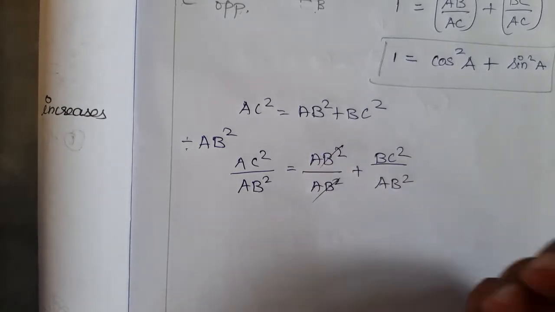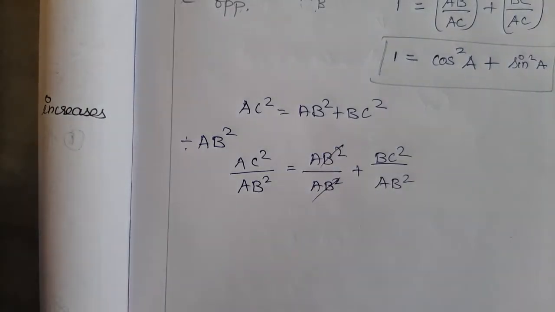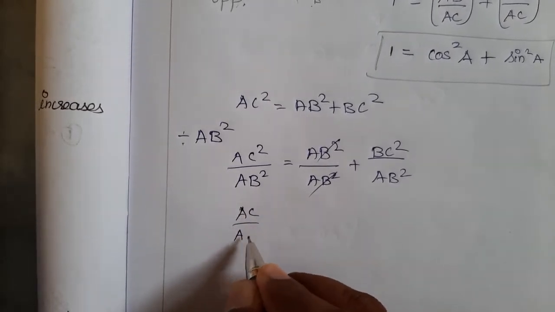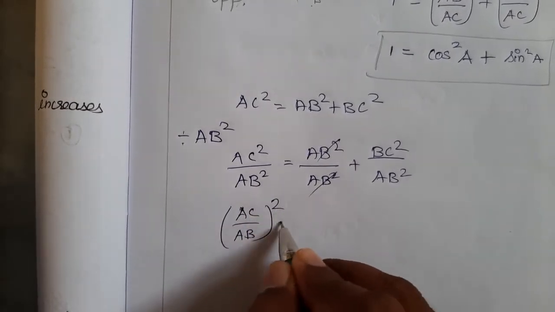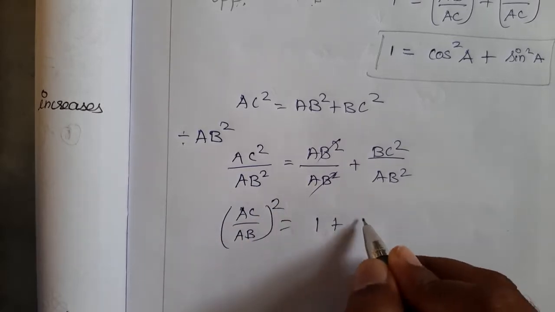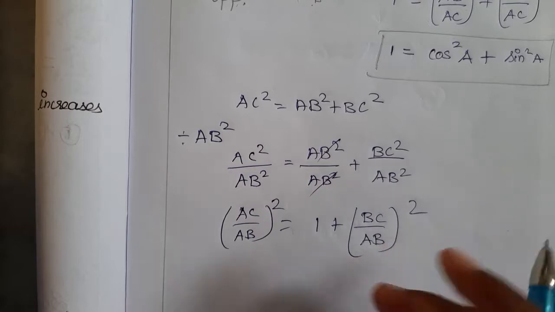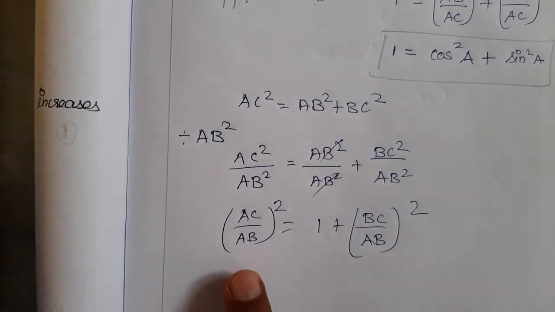So AB square by AB square will be 1. So let me write this as a whole square: AC by AB the whole square is equal to 1 plus BC by AB the whole square.